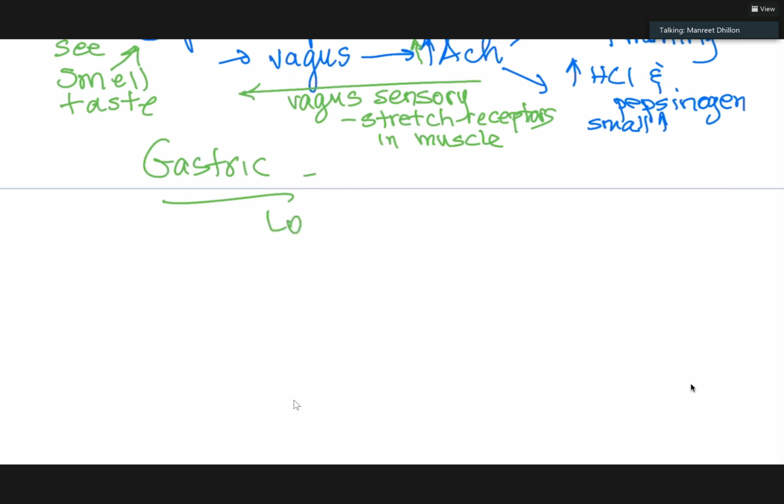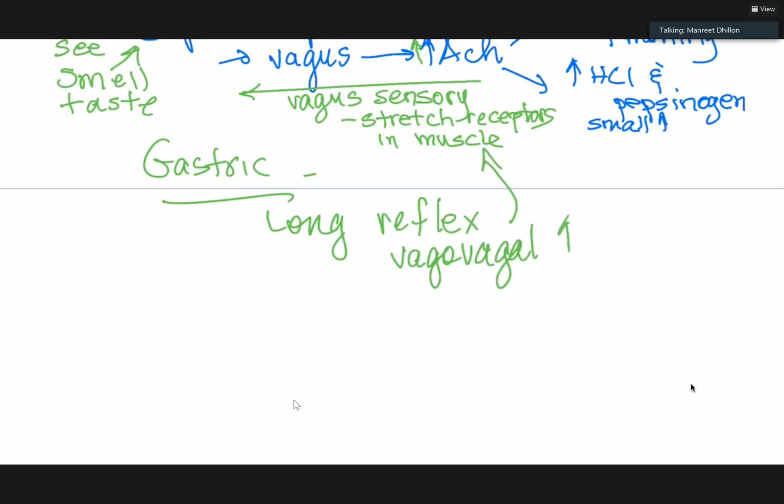So it has to do with the long and short reflexes. The stomach will activate stretch receptors, which we talked about, which will activate the long reflexes via the medulla and vagus nerve. And then the short reflexes via the plexus, and that will increase ACH as well. Both of them will increase stomach secretion, so HCl and pepsinogen, as well as motility.